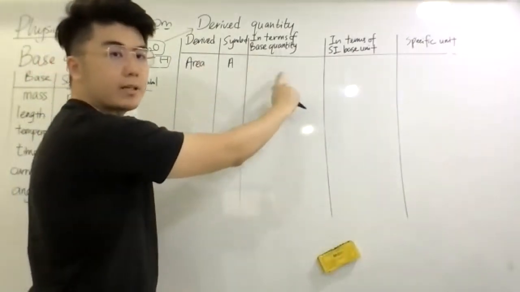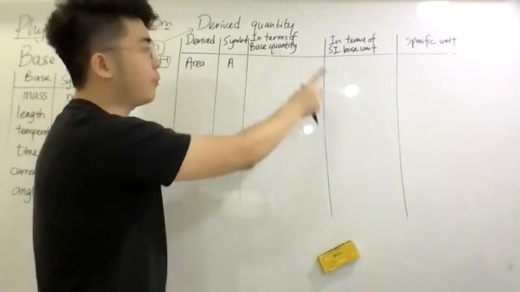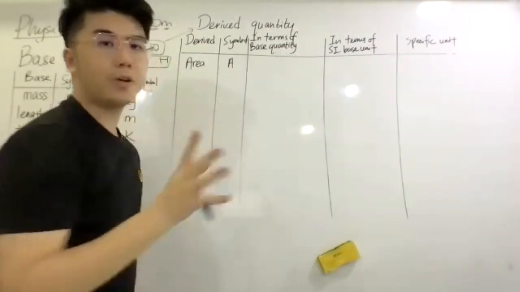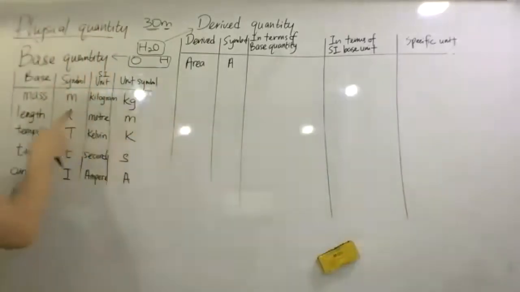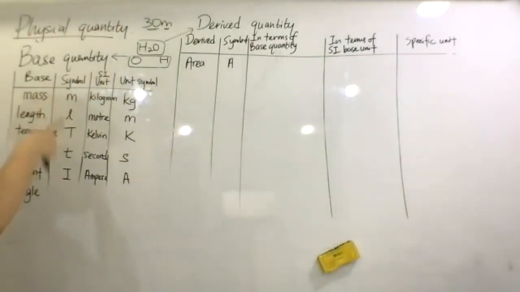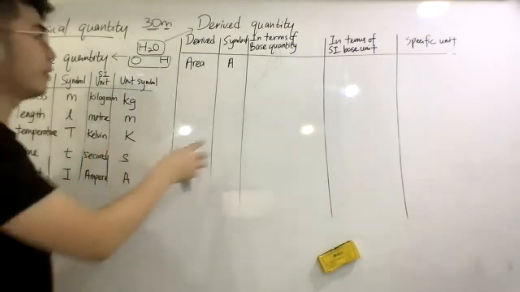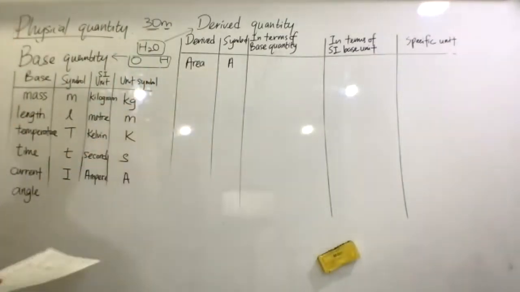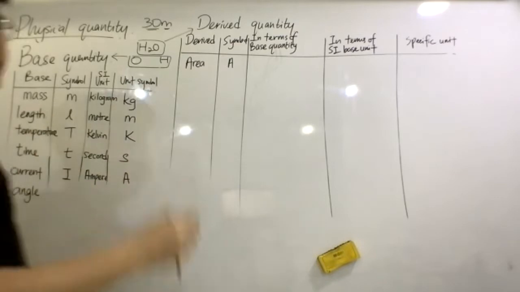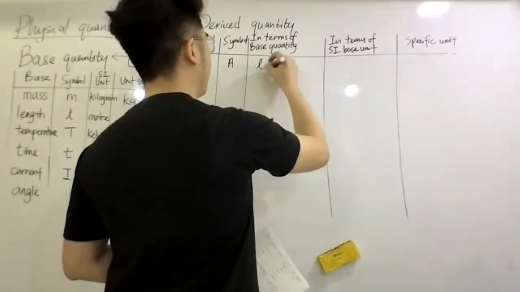This has to be the base. So for example, if you put force here, cannot, because force is a derived quantity, right? All this column must be a combination of base quantities. You cannot have other quantity other than this. So area is length times length, I just put L times L here.